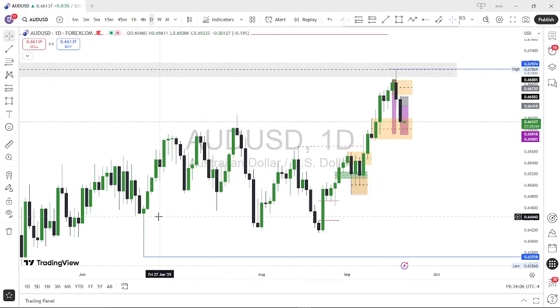So this swing low, known as the sell side liquidity, can also be identified as a POI. Do you understand?